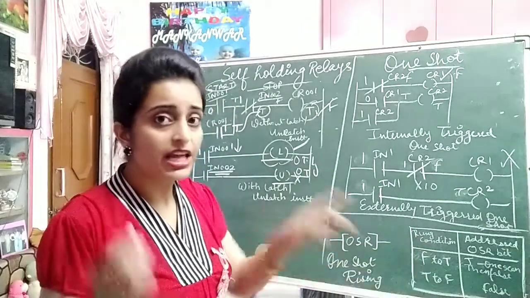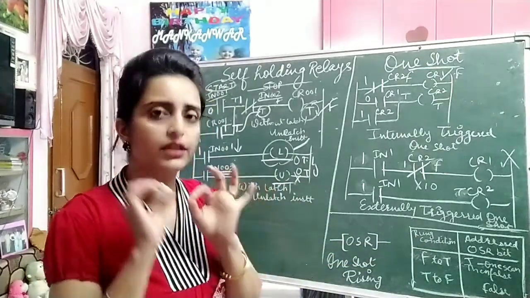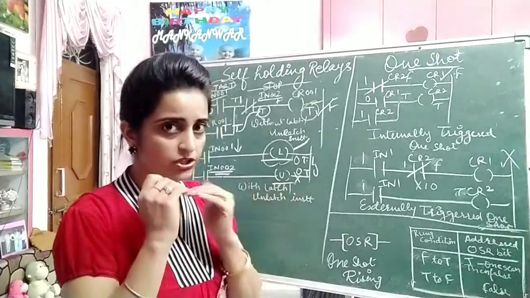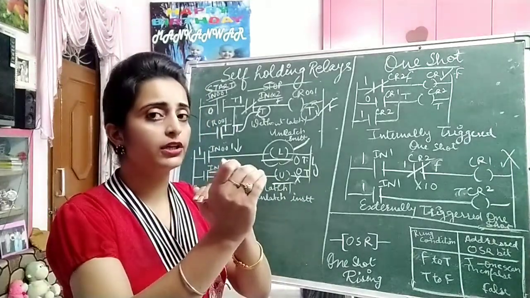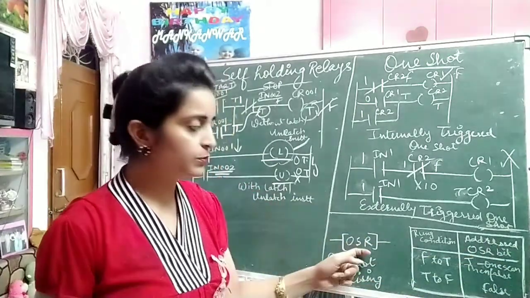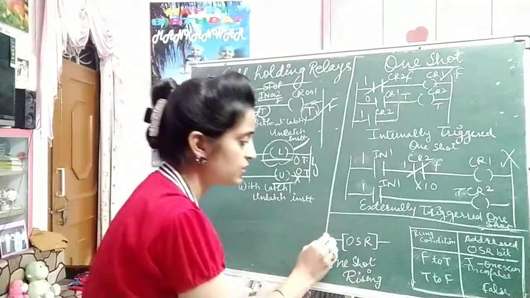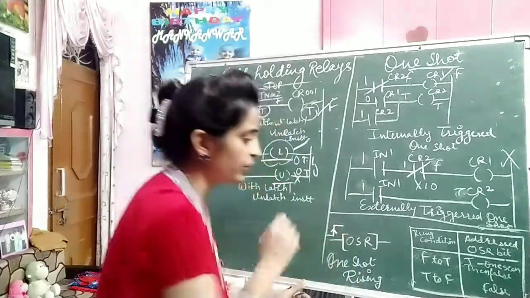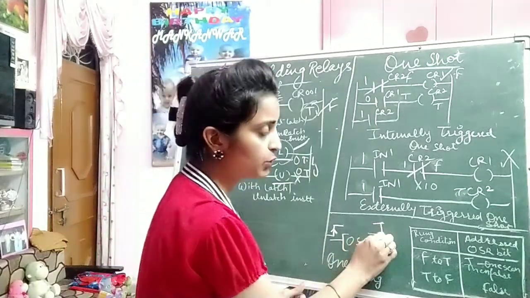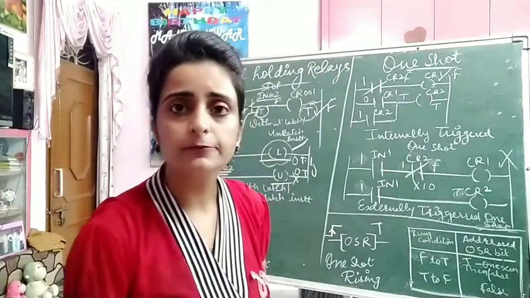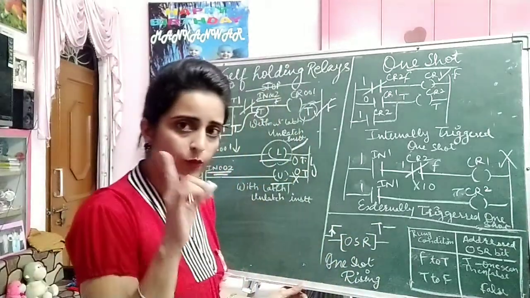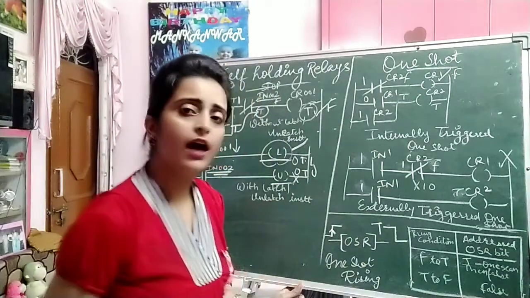So how it works is, if the rung condition turns from false to true, if initially it was false and then it changed to true, then the output of this OSR bit will become true, but just for one scan cycle, and then it will become false again, right?